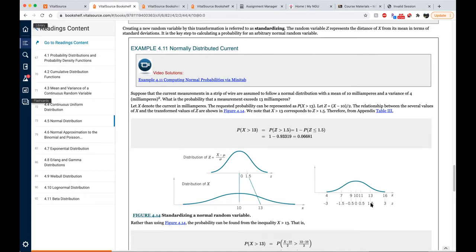It means that the x value 13 is 1.5 standard deviations away from the mean. Okay, so that's another interpretation of the z value.